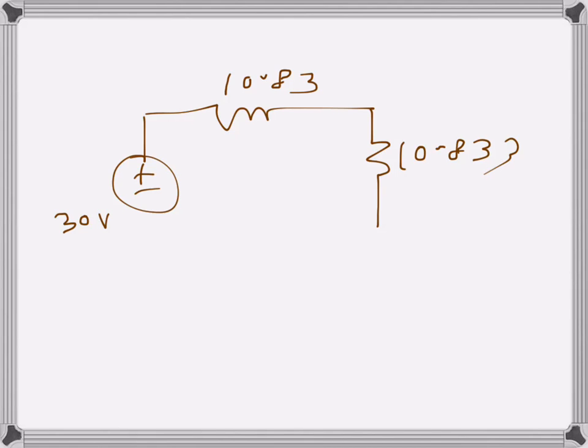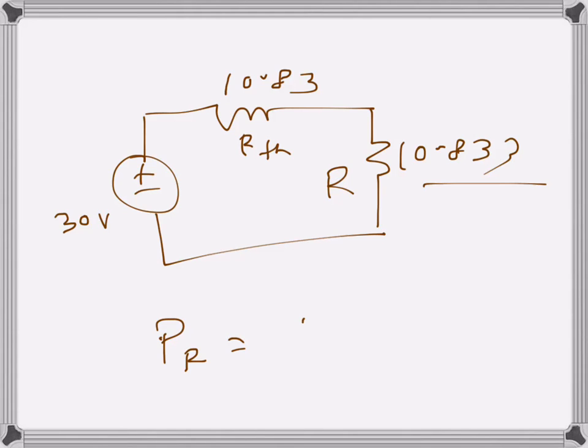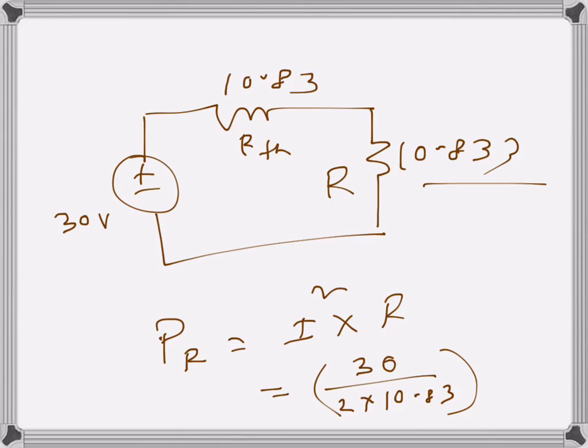This is the Thevenin resistance, or the line resistance, and this one is the value of R. We need to find the power dissipated by R. So PR will be I squared R, and I will be 30 divided by 2 times 10.83, squared, times 10.833. I'm just writing up to 2 decimal points.